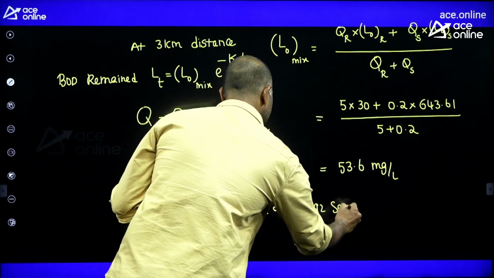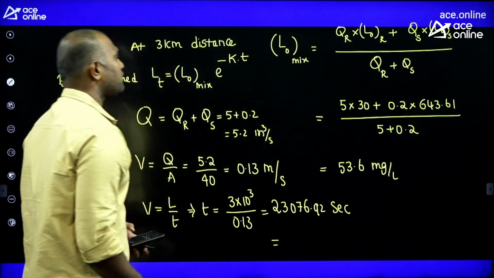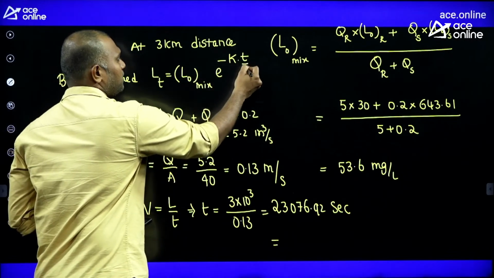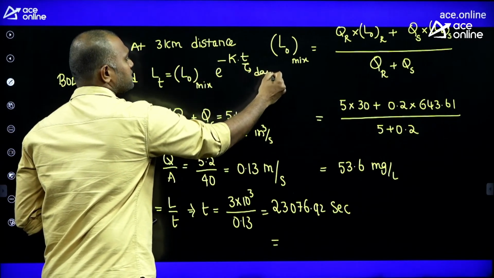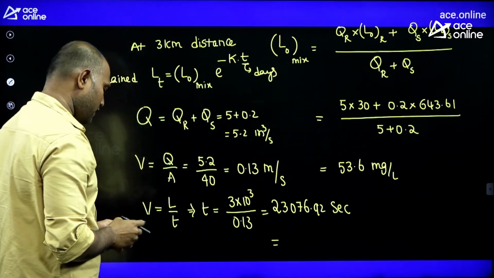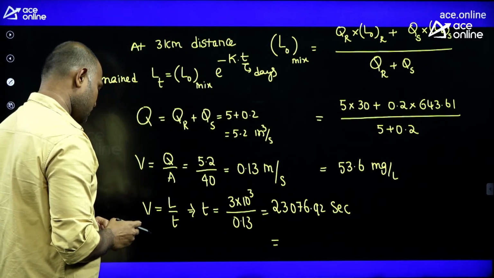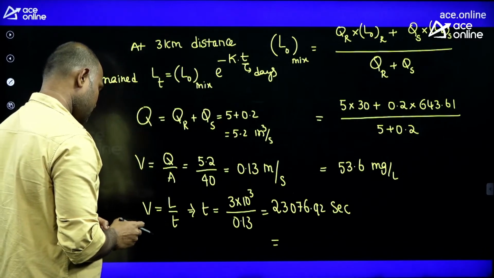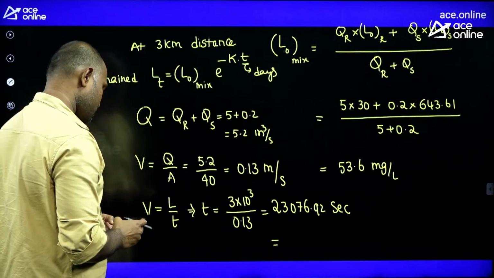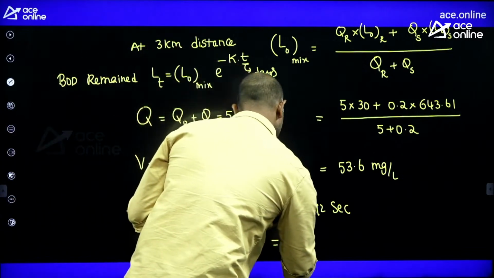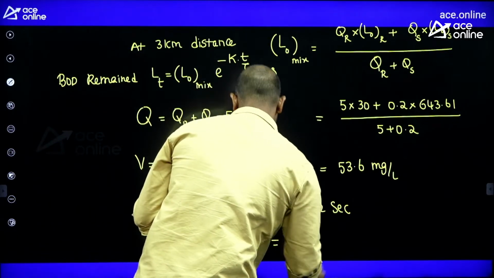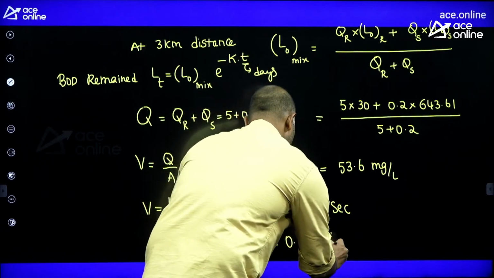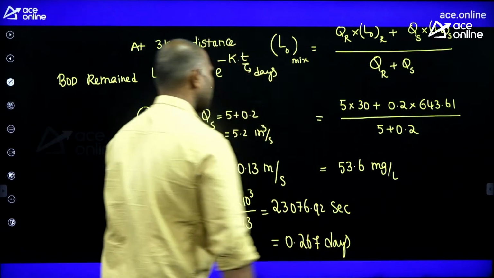23,076.92 seconds. But convert that in terms of days, because here the t must be in terms of days. So divide by 24 into 60 into 60. That gives 0.267 days.